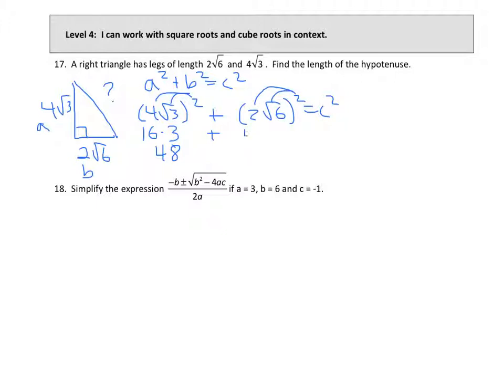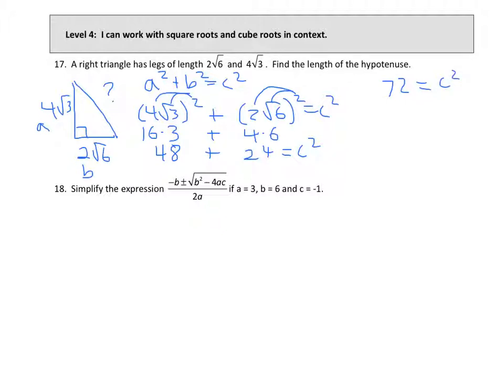We get 2 squared is 4. And then the square and the square root cancel. We get 4 times 6, which is 24. So 48 plus 24 equals c squared. Add those together, and you get 72 equals c squared.